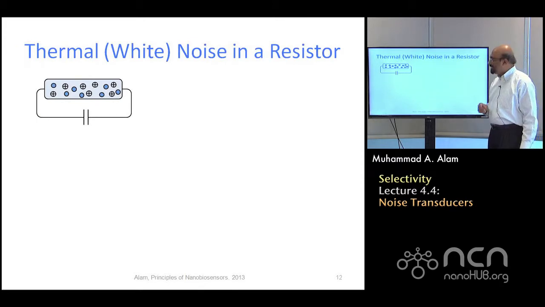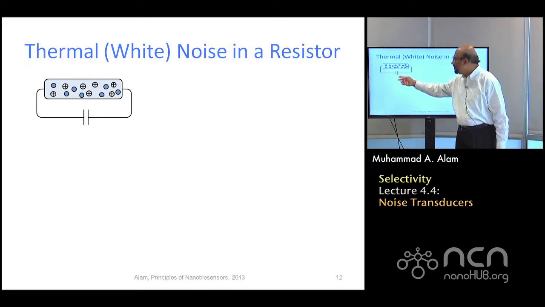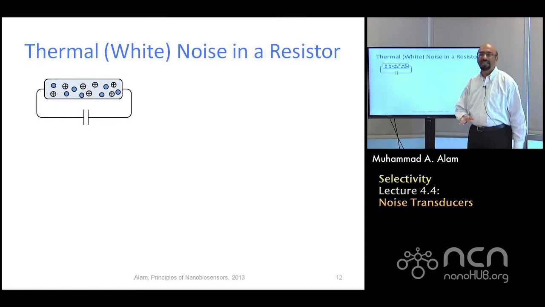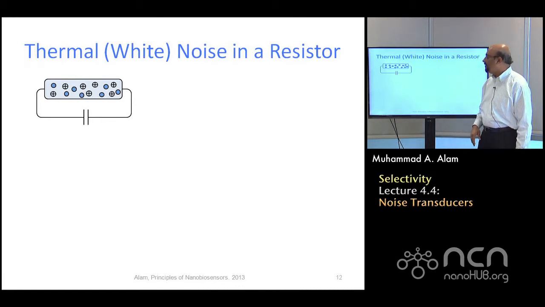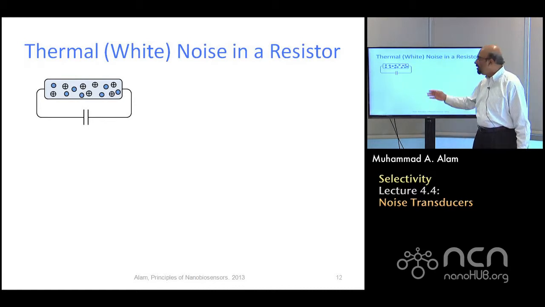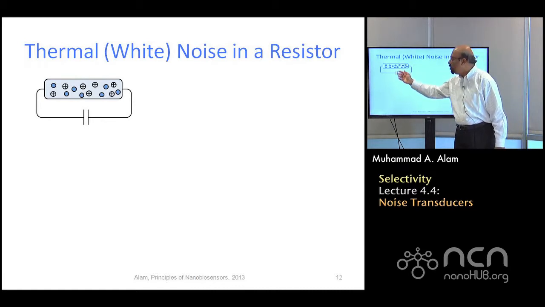White noise is very easy. Think about a resistor, and we have added a little capacitor across it. Let's say this resistor has 7 electrons and 7 holes. So they are charge neutral, and therefore there is no charge across the capacitor, because there is no battery or anything.